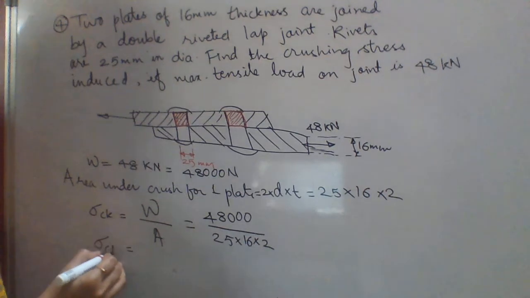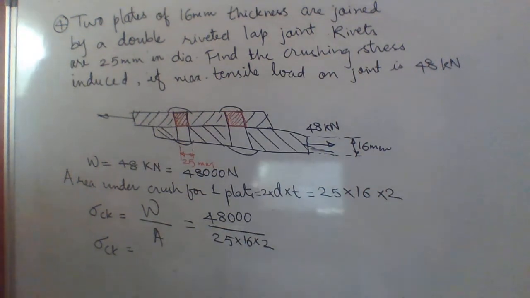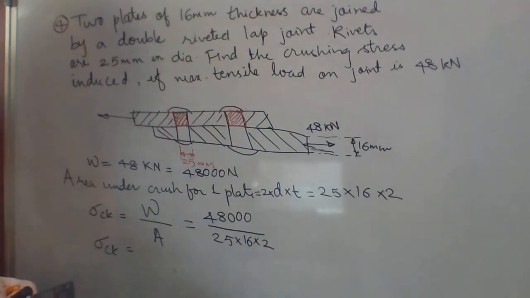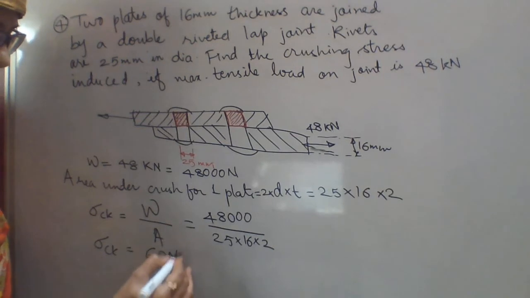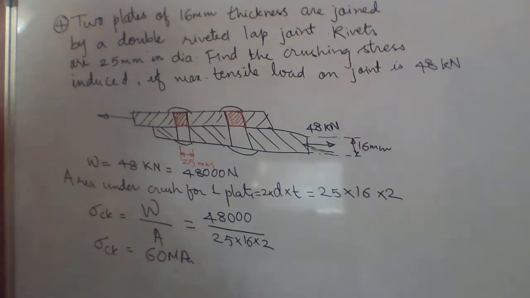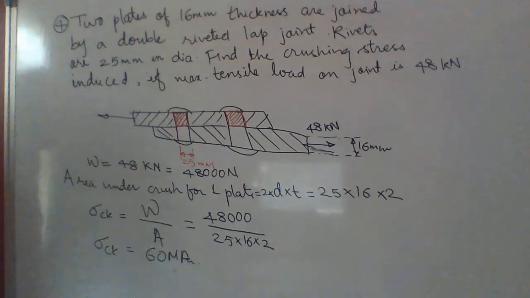So sigma c, the crushing stress induced, will be, use your calculators, 48,000 divided by 25 into 16 into 2. It is 60 megapascal. So in this style, we solve the numerical.